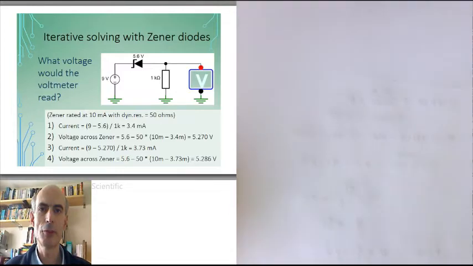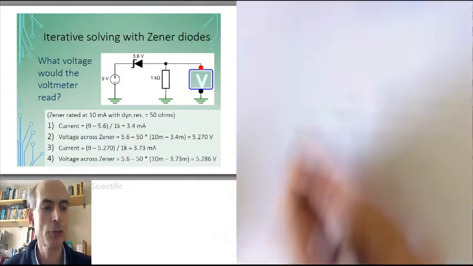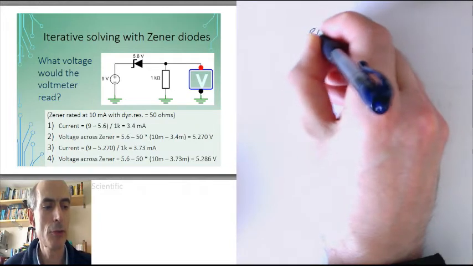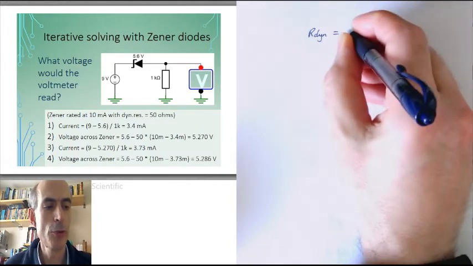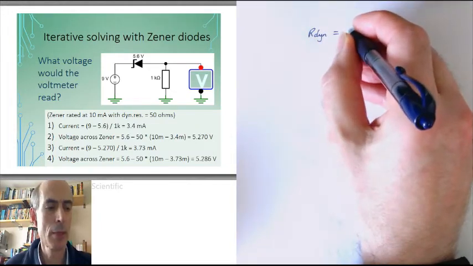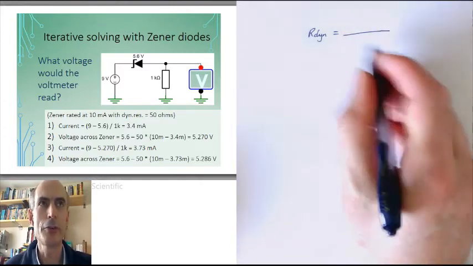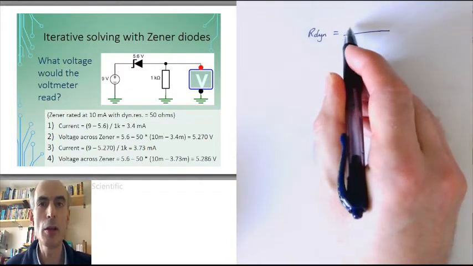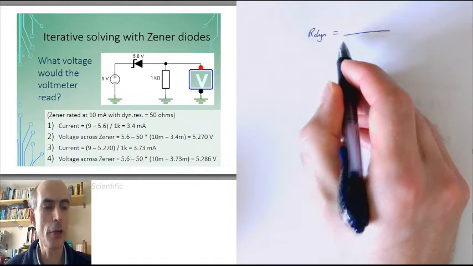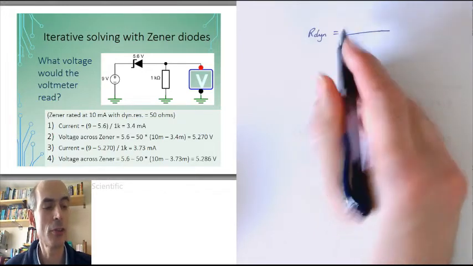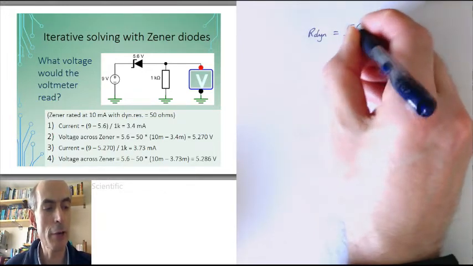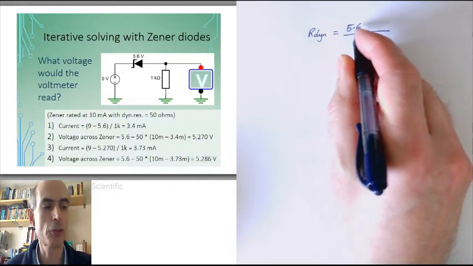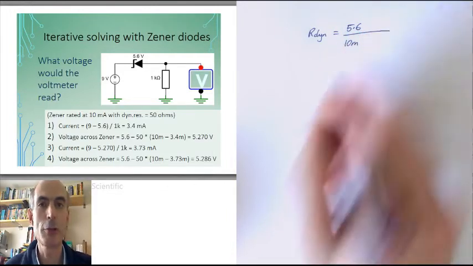So the other way to do it is to note that the dynamic resistance is equal to the change in voltage divided by the change in current. Now we know one fixed point on the graph, and that is that the Zener diode is rated to have a 5.6 volt drop across it when 10 milliamps is flowing through it.